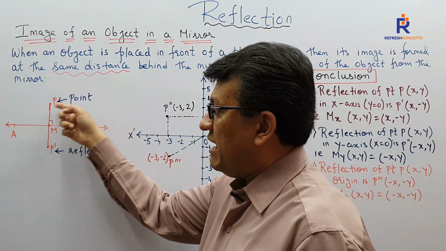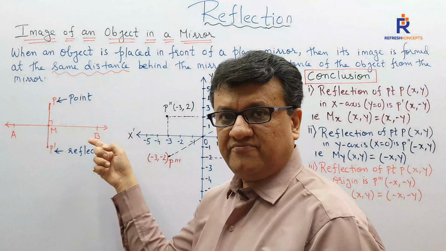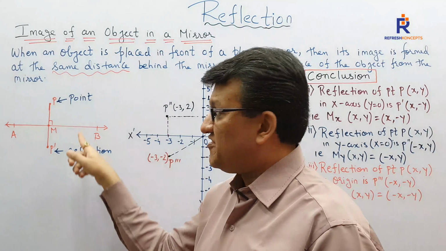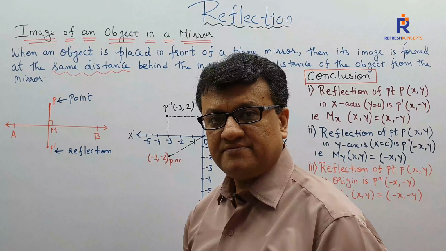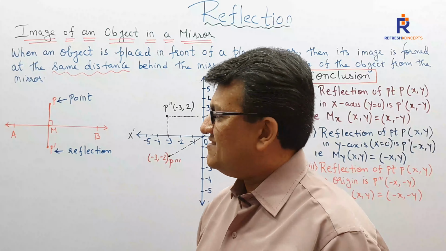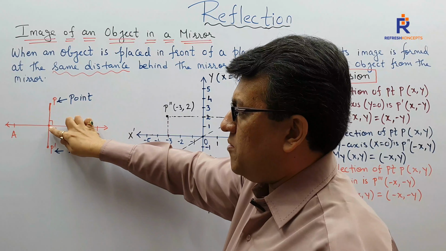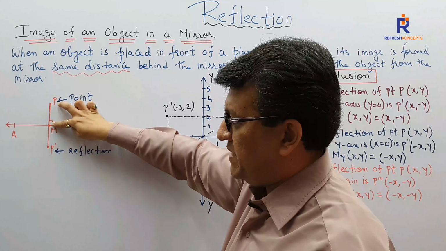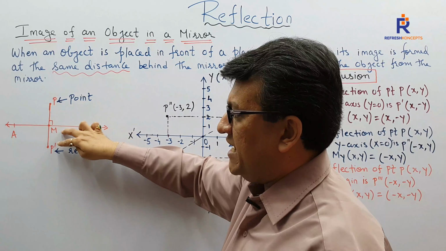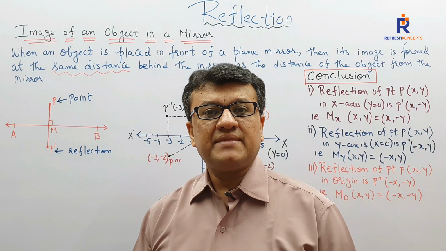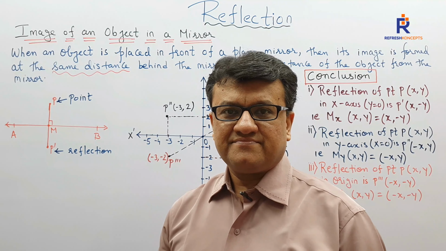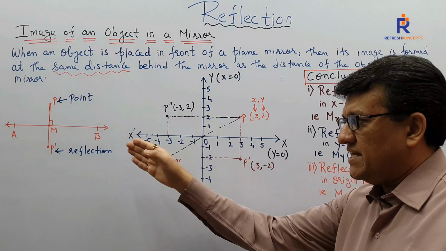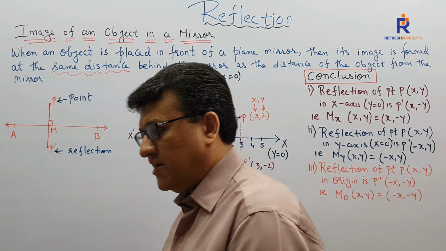So point P under the line AB, which is the line of reflection, will give me the reflection of the same point in terms of P dash. What we need to understand is the distance of point P from M, that is from the line of reflection, perpendicular distance mind you. So MP and MP dash will be the same, as we do it in science. Right children? Right.